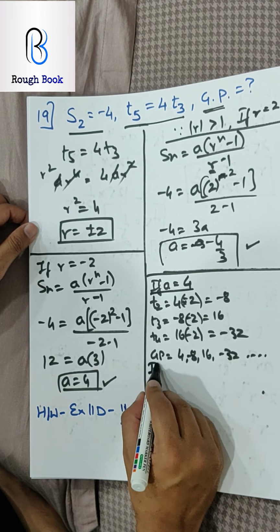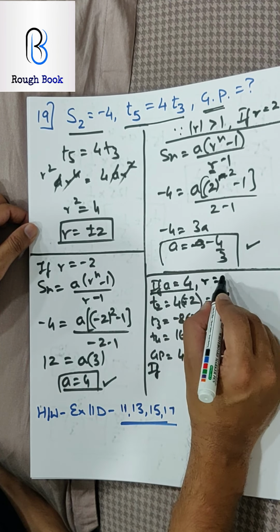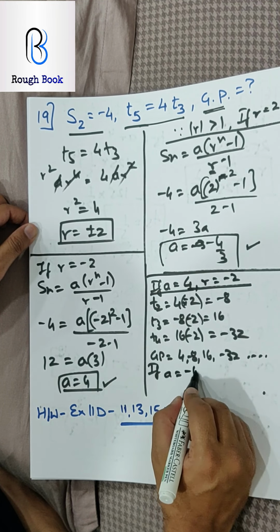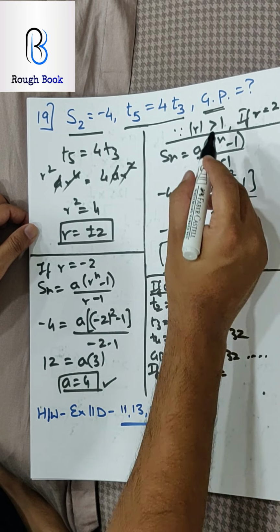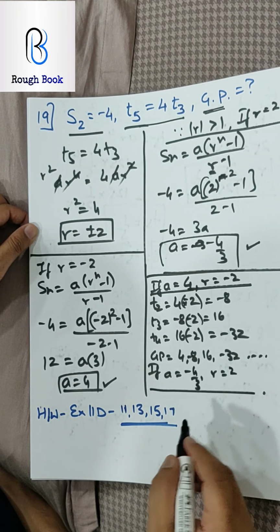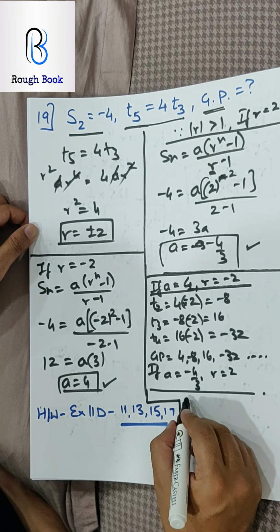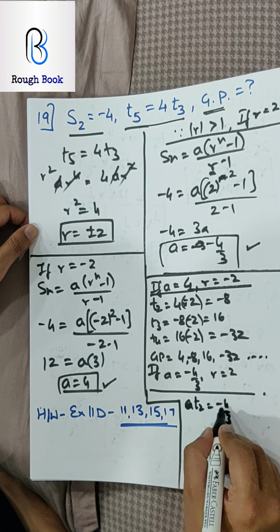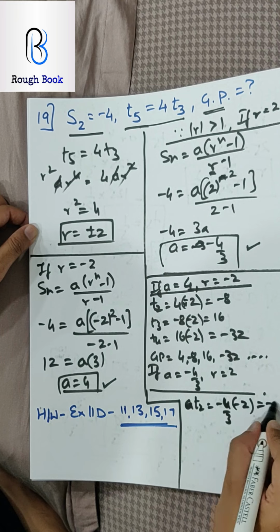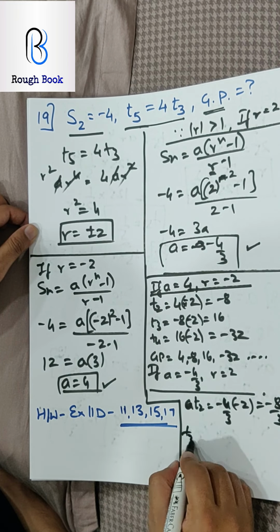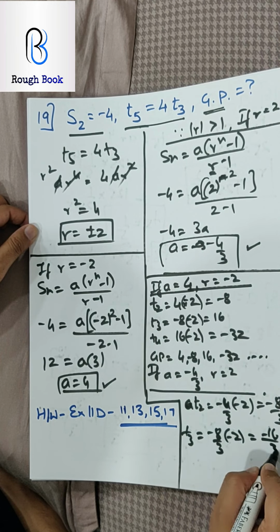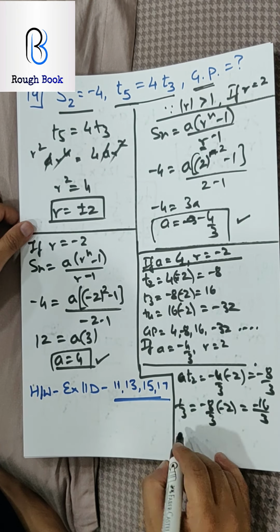Now for the second condition, when a is equal to minus 4 by 3 and r is equal to 2, what will be my GP? I will say the first term I have already got. The second term will be minus 4 by 3 into 2, so minus 8 by 3. The third term is minus 16 by 3, and the next term will be minus 32 by 3.